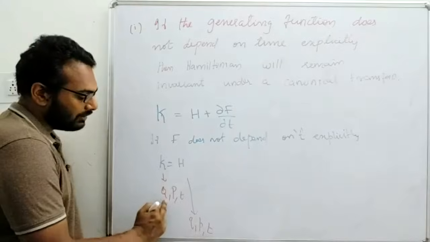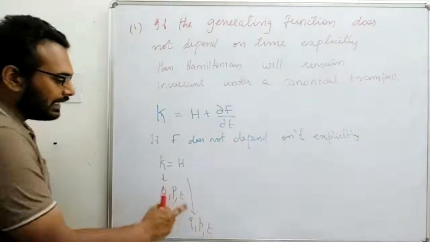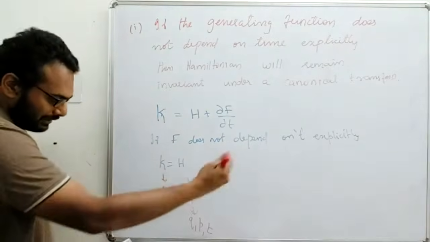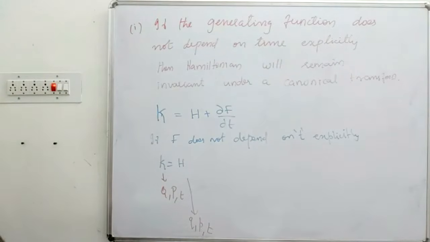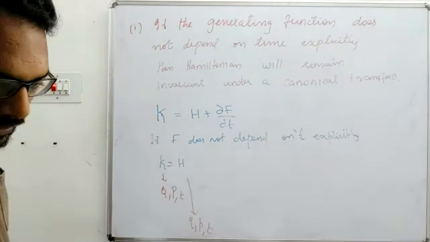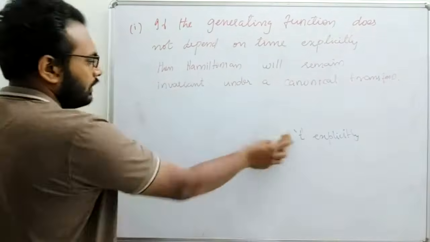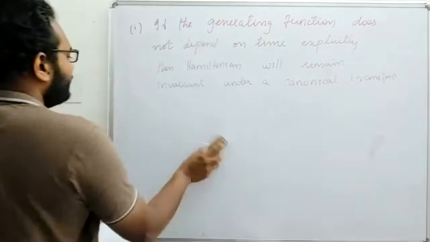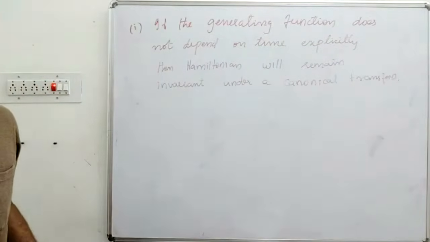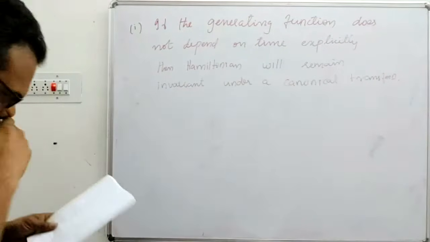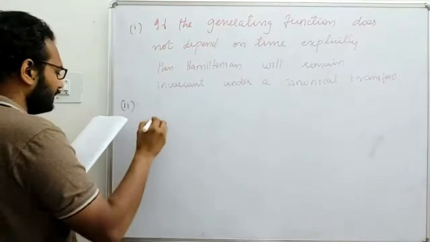K you write always as a function of the new coordinates and momenta, the new phase space coordinates, and the Hamiltonian, the old thing, you write always as a function of the old coordinates: small q, small p, and t. That's all. And the next thing we need is this. We are going towards this thing.